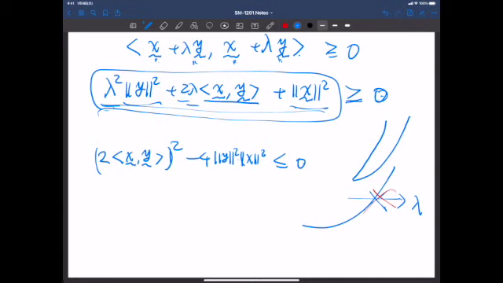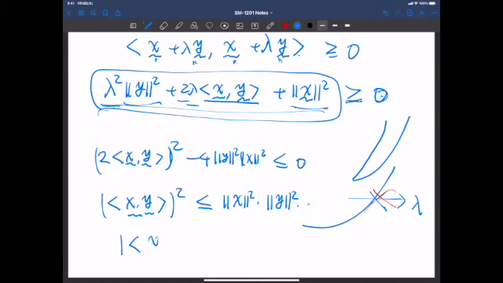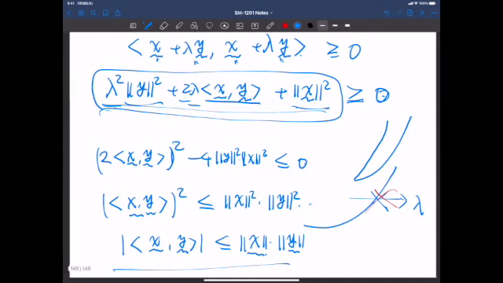So this means x dot y, squared, is less than or equal to x squared times y squared. So from this, we have the desired result. If we take the square root of both sides, we have the desired result. Okay, and that's it.